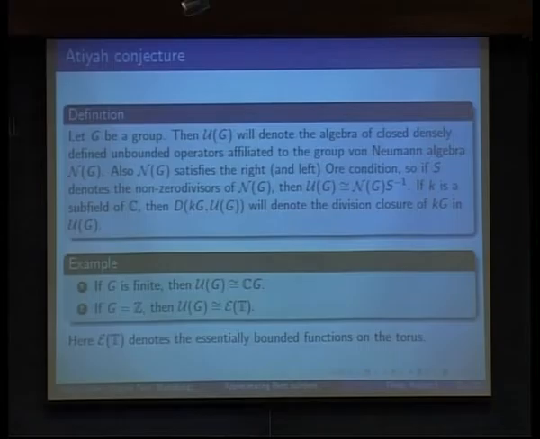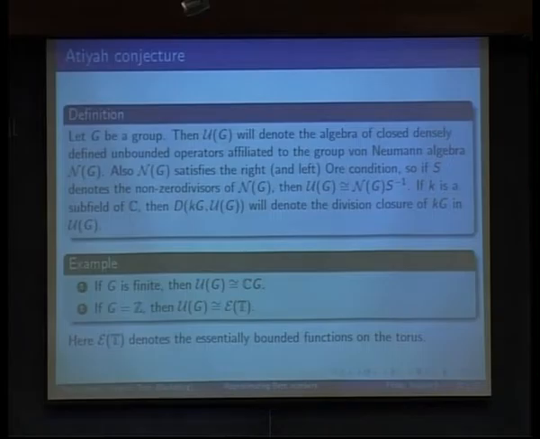In other words, those functions such that for any epsilon greater than 0, you can find a big enough number n such that the points where the function is bigger than n has measure less than epsilon.